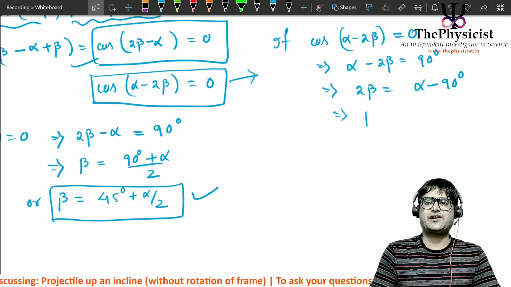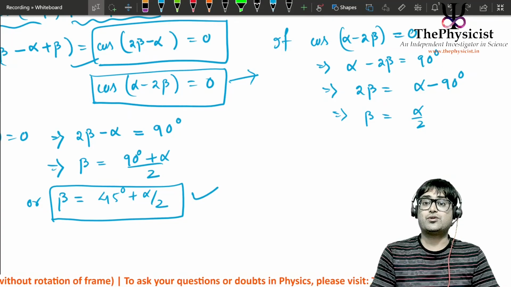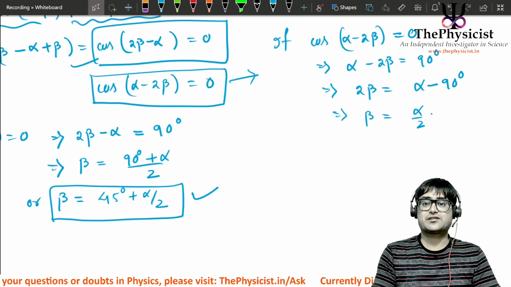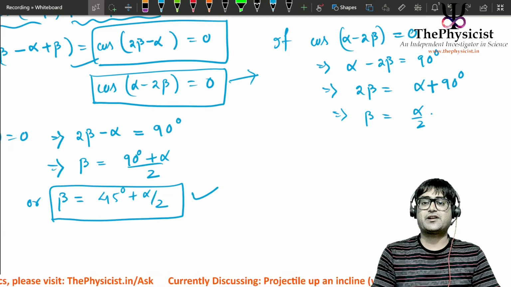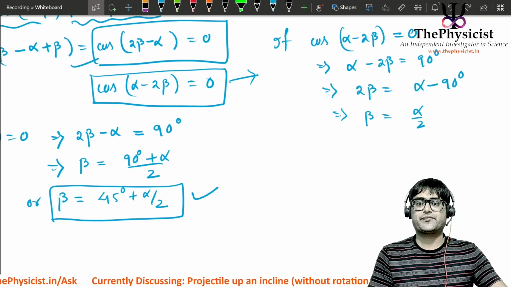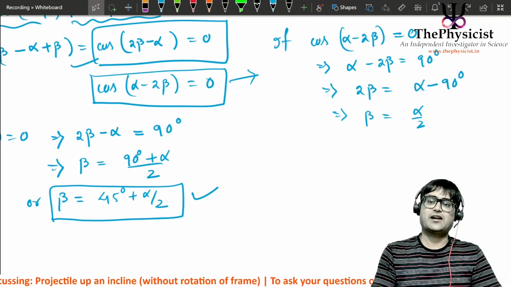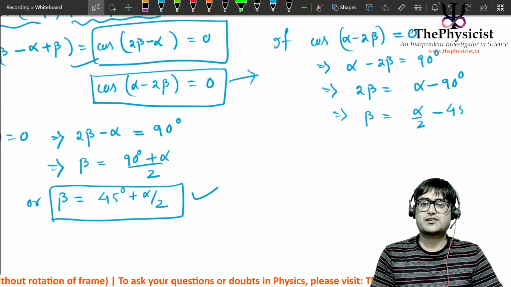Let me check the sign, yes, that is correct. So beta would be alpha by 2 minus 45 degrees.